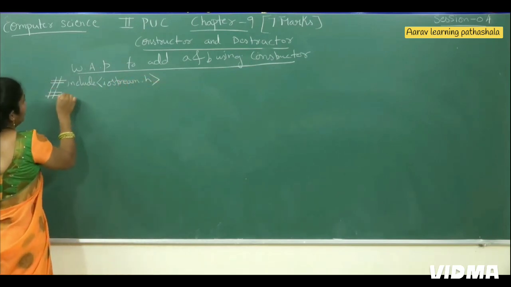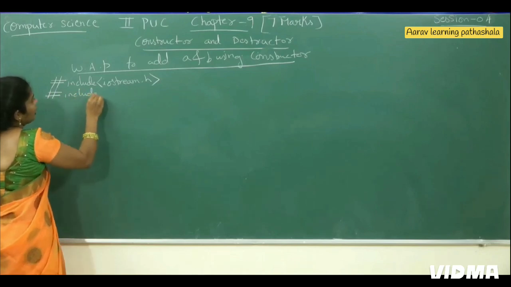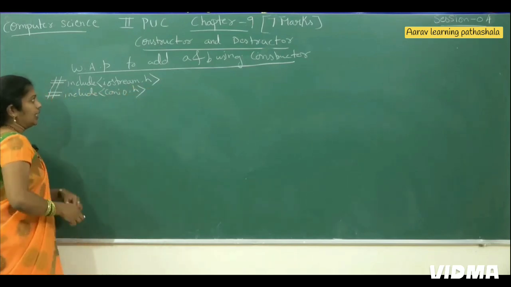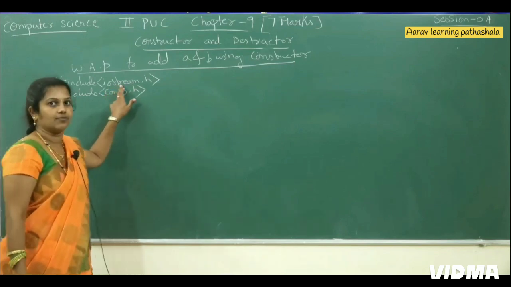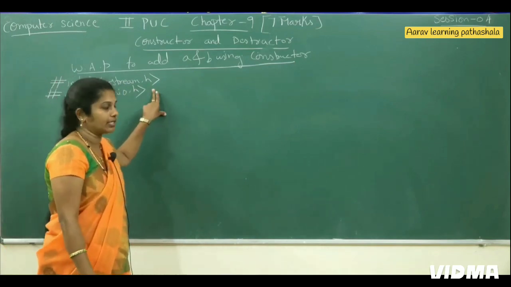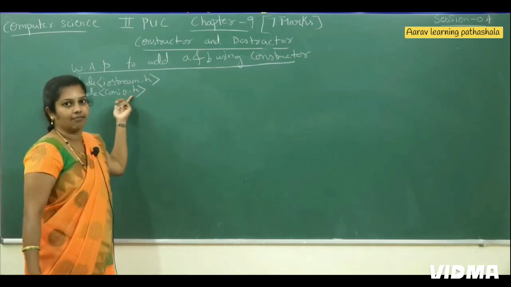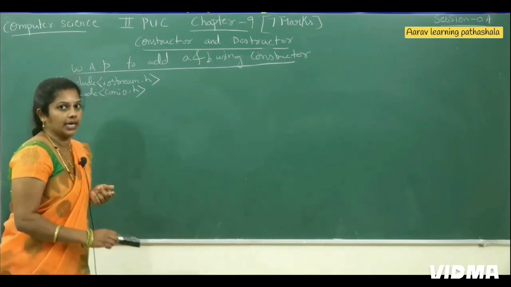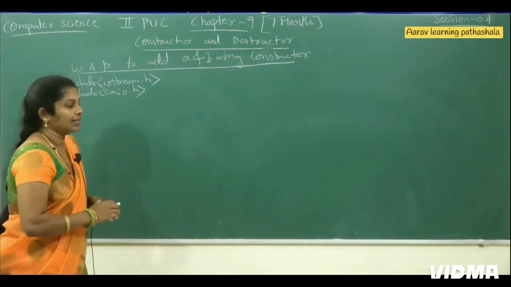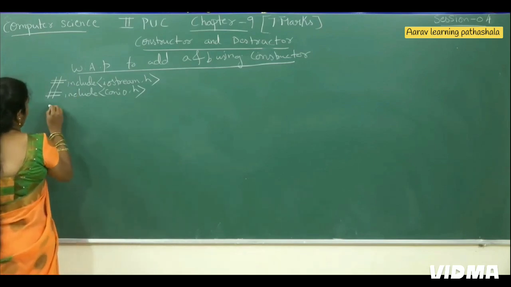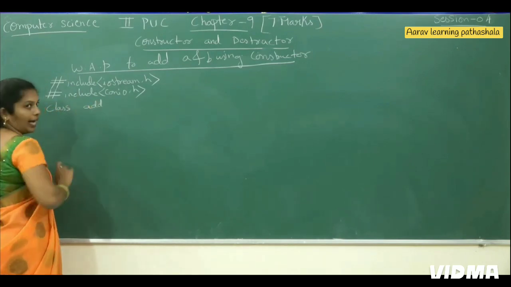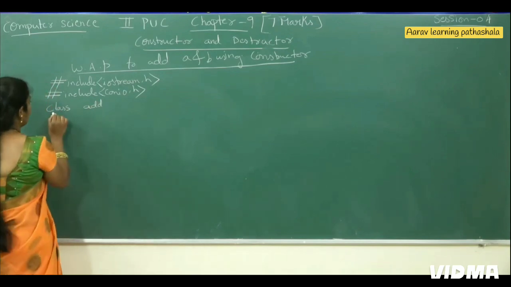Then next include conio.h header file. iostream.h is the supporting header file for cin as well as cout. Conio.h is for supporting clear screen as well as getch. I want to add numbers, that's why the class name is add. Class add. Add is the class name we are given here.